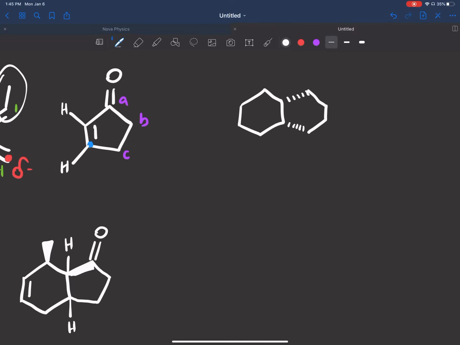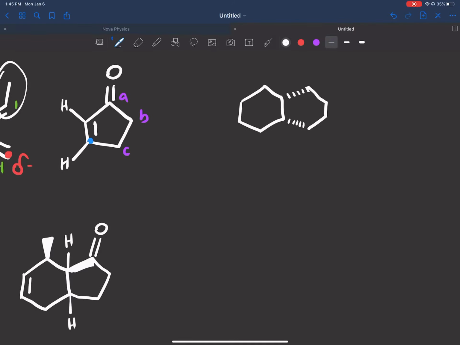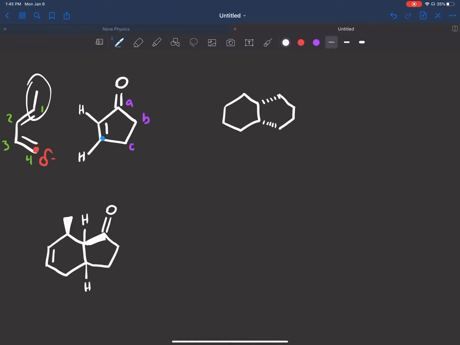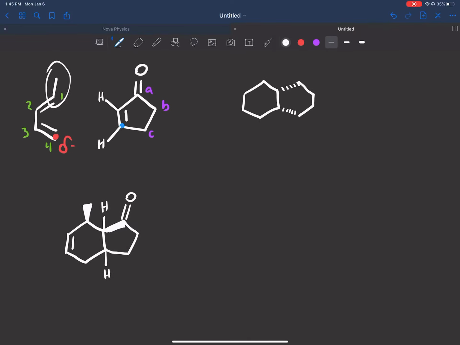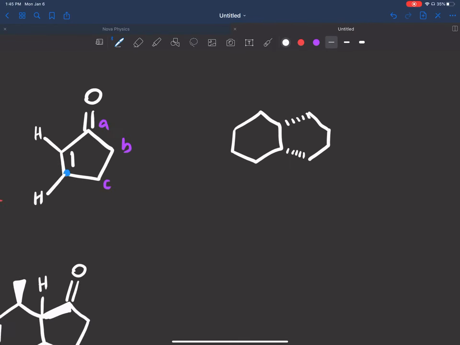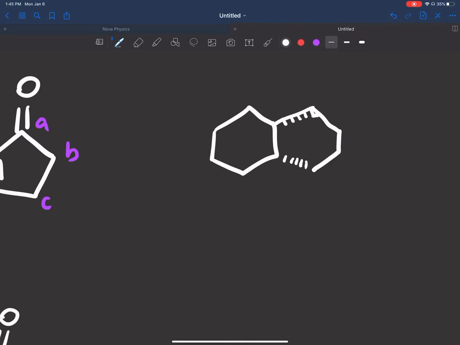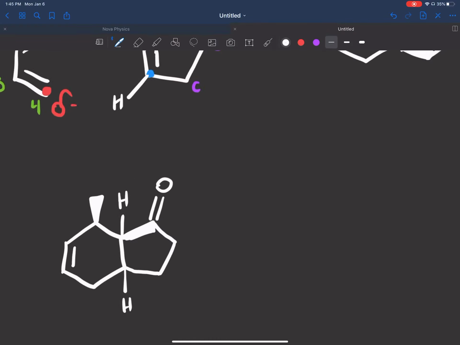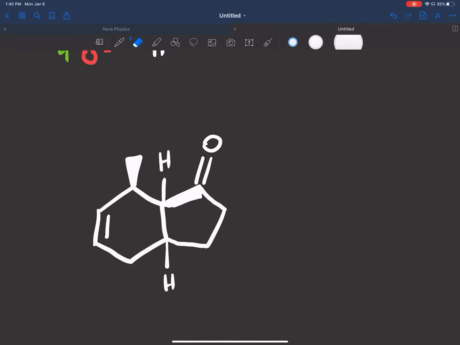If we want to show that that ring is pointing downward, into our page, it's a little bit annoying and harder to see when we have bonds like that, or if I drew a wedge like this. So what we do instead is we assign the stereochemistry to the hydrogens.